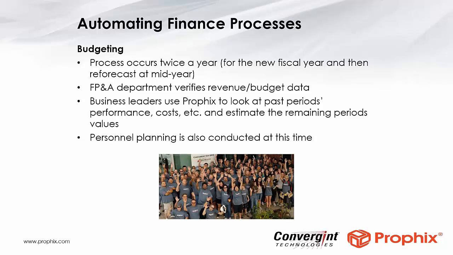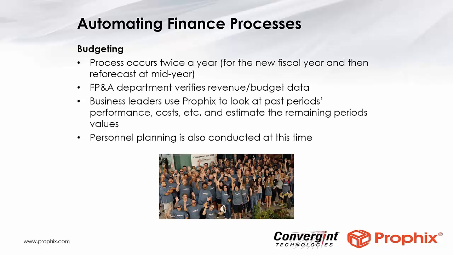So a little bit about how we automated some of the finance processes. Our budgeting process, we do it twice a year formally, once for the new fiscal year and then a reforecast at mid-year. Each of the people responsible for the P&L at their levels in the organization use reports that are now in Profix to manage it in between those two formal points.